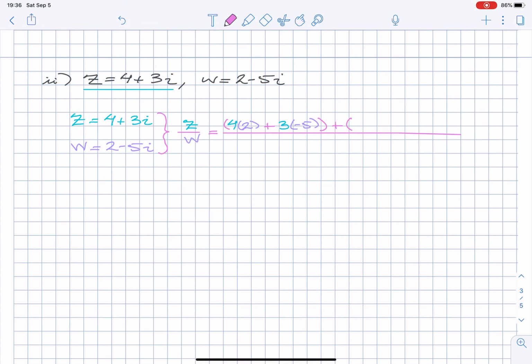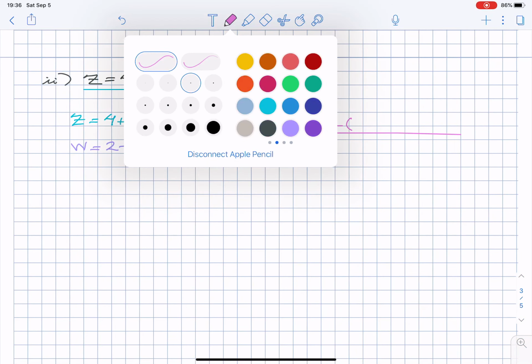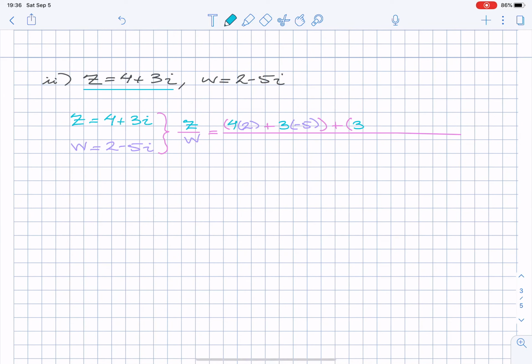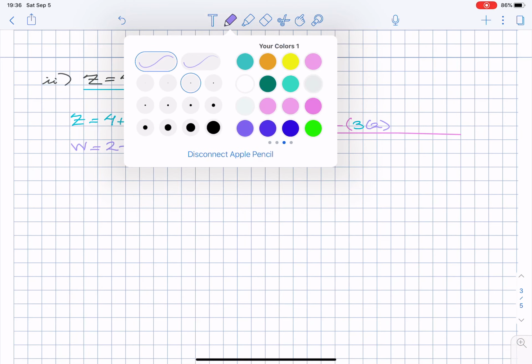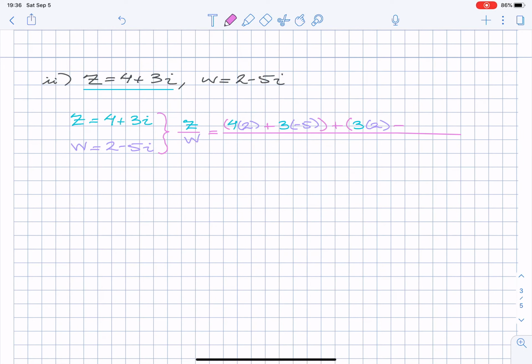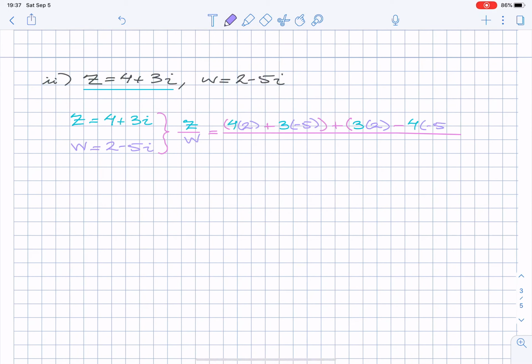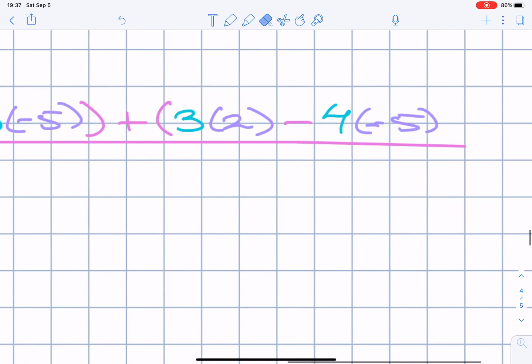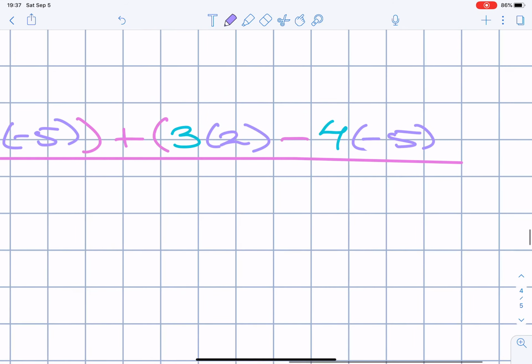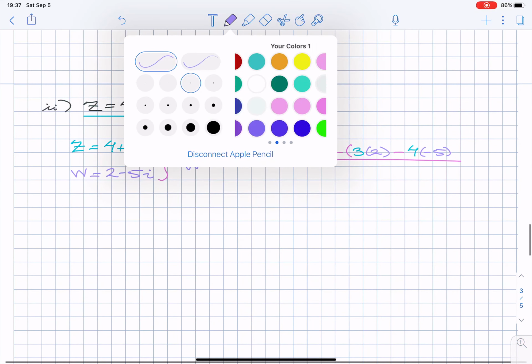So the difference is going to be BC. So 3 times 2. From which I'm subtracting AD. So that's 4 times a negative 5. Pardon me. It's supposed to be a negative 5. Negative 5. All times I.